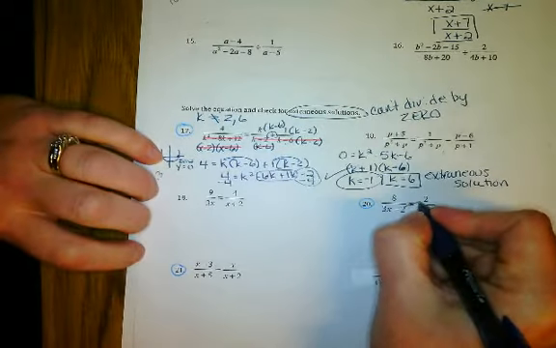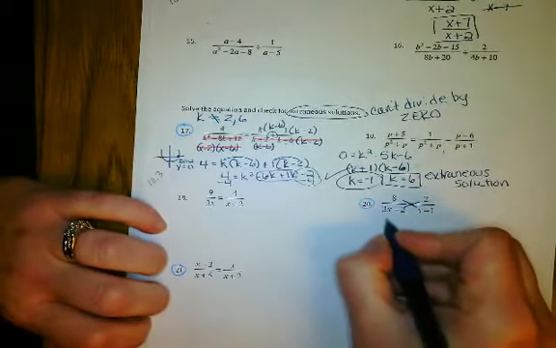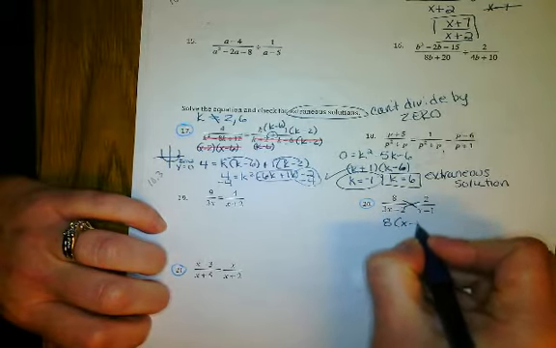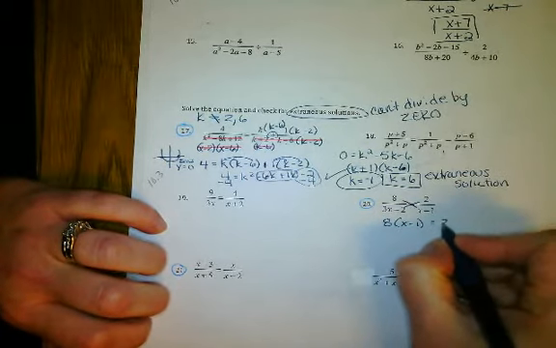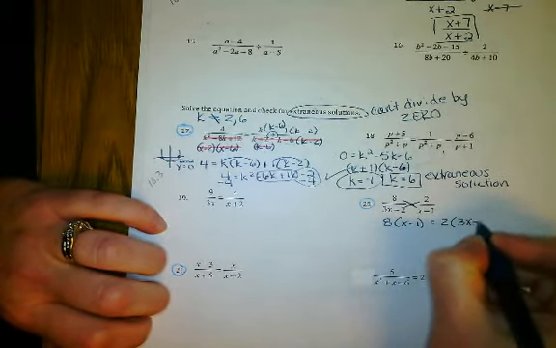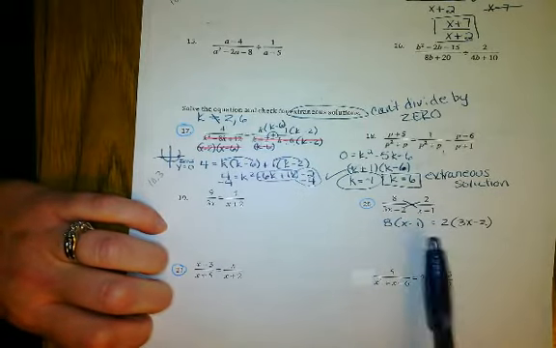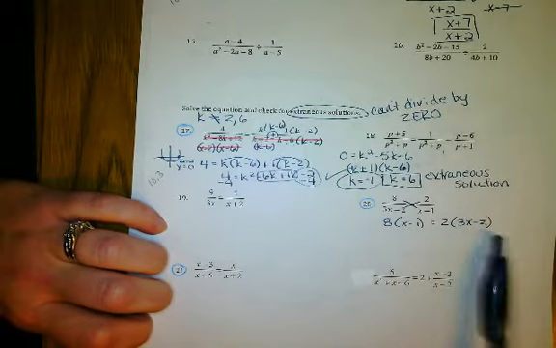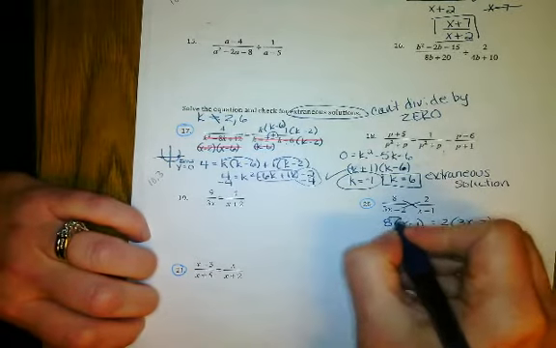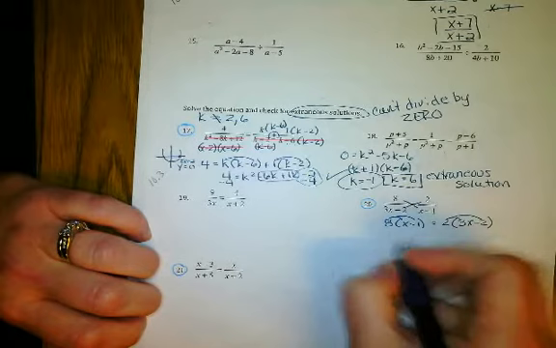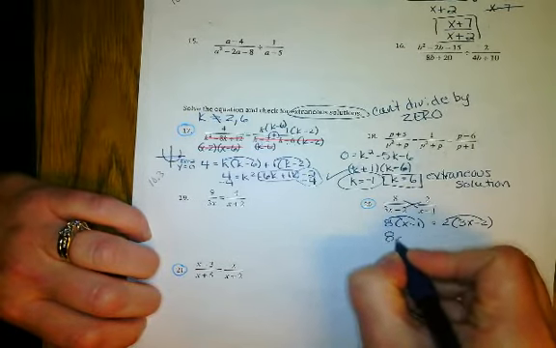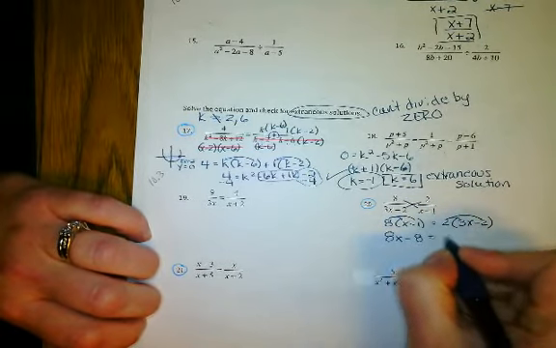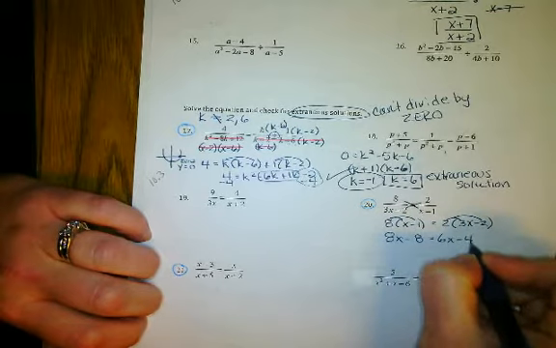Okay, so I'm going to cross multiply. Boom, boom. So that gives me 8 times x minus 1 equals 2 times 3x minus 2. And again, y'all, it really doesn't matter if you put this first or this second, as long as they're equal to each other. All right, so now I'm going to start distributing. Okay, that gives me 8x minus 8 equals 6x minus 4.